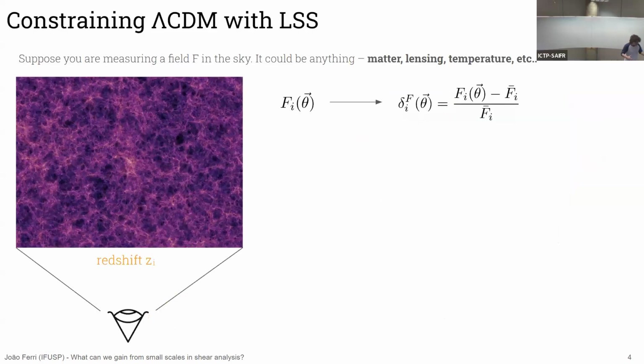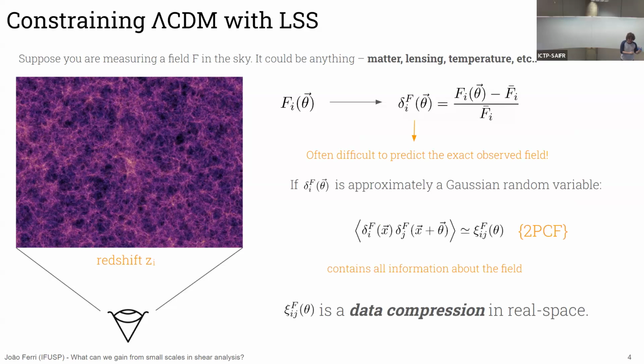But in general, like a general picture in large scale structure, the most fundamental way to infer lambda CDM from the large scale structure is usually through what we call 2-point functions, correlation functions. So basically you have a field in the sky and you take its contrast usually. And if you consider that it is often difficult to predict the exact field through theory, you actually take its statistics.